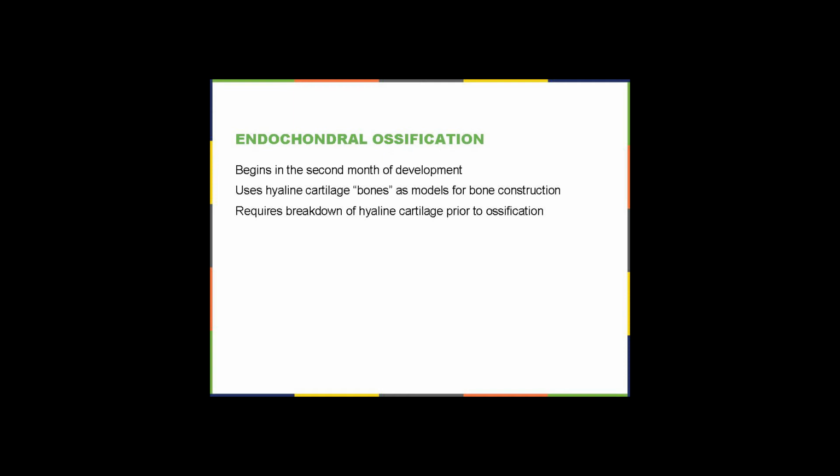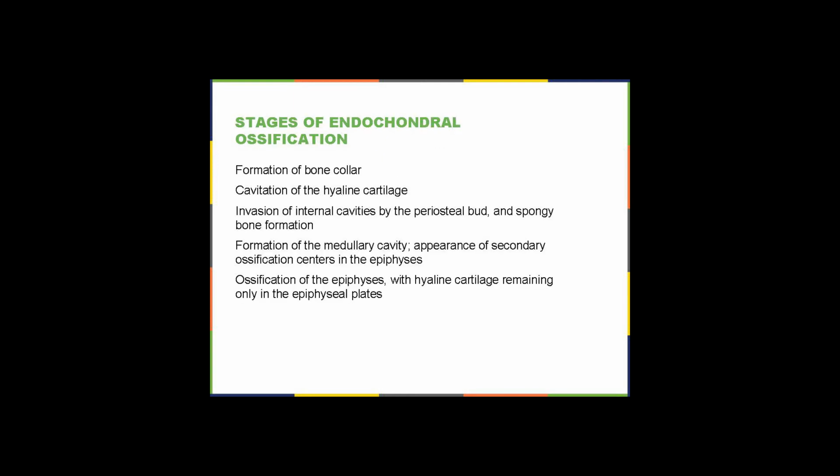So this goes through it. Here's the formation of the bony collar. So we see it here. Here's our primary ossification center in the center. This is called the primary because we're going to start two at the ends of the bone that are going to become the secondary, and they're going to form the epiphysis. So the primary is forming the diaphysis. Does that make sense? Starts here right in the center.